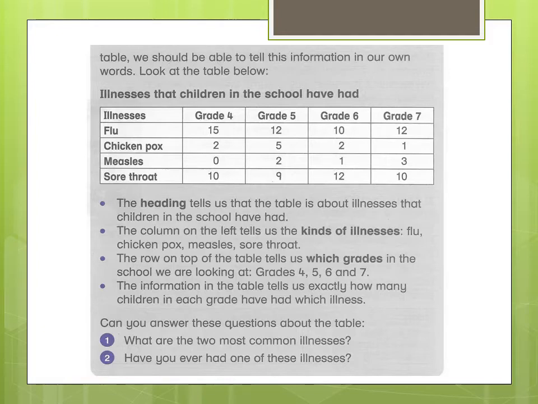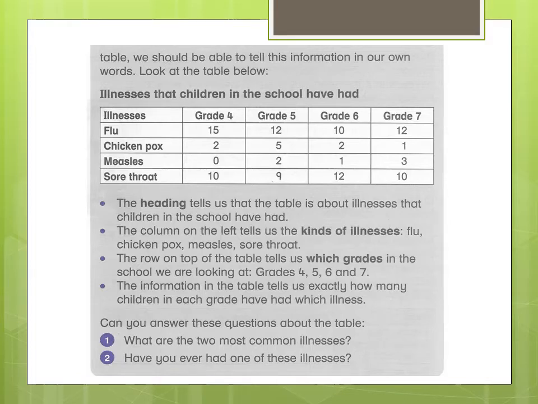Good. The heading tells us that the table is about illnesses that children in the school have had. So at the top you'll see the heading is written illnesses. The column on the left tells us the kinds of illnesses: flu, chickenpox, measles, and sore throat.